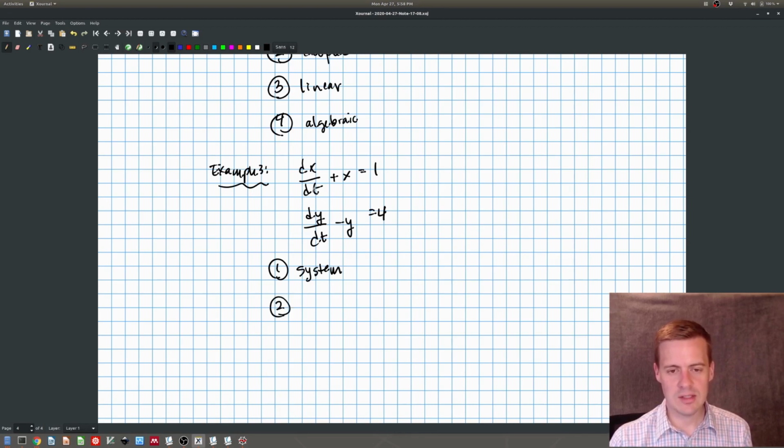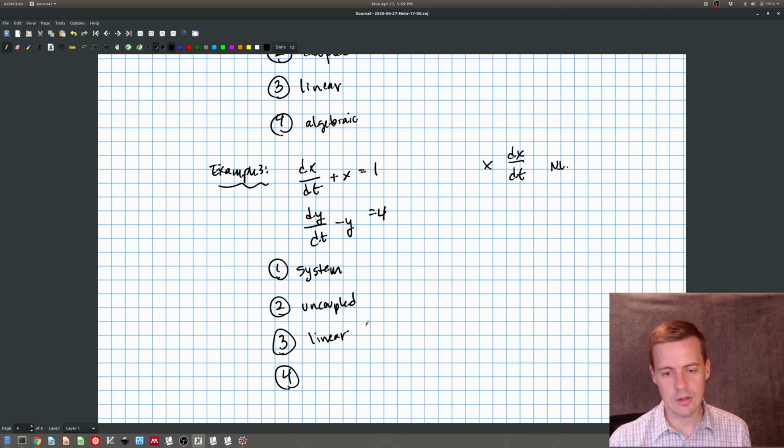But I only have x's here and only y's here, so this is uncoupled. For number 3, is it linear or nonlinear? I see no powers, no products. I don't have x times dx/dt, that would make it nonlinear. I just have a dx/dt, so this is the linear case, a linear differential equation. And is it differential or algebraic? It's clearly differential.